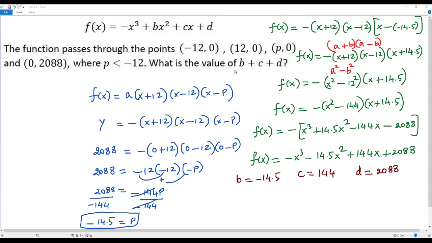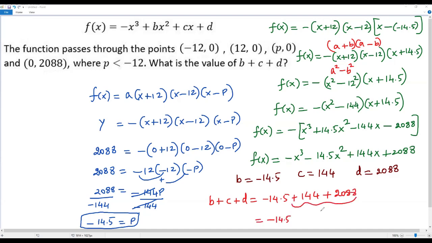According to the question, we have to find the value of b positive c positive d. Now we have the values of b, c, and d. Okay, now let's find b positive c positive d. We plug in negative 14.5 for b, 144 for c, and 2088 for d. Now we can write this negative value as it is.